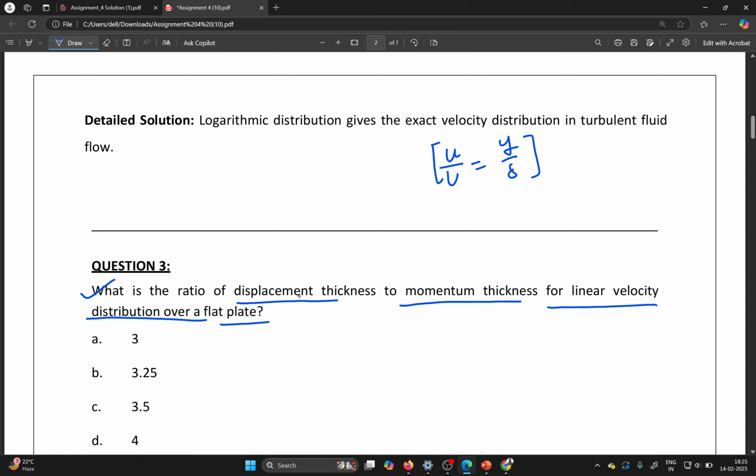First of all, we need to know the formula of displacement thickness, delta star, as well as momentum thickness, theta.